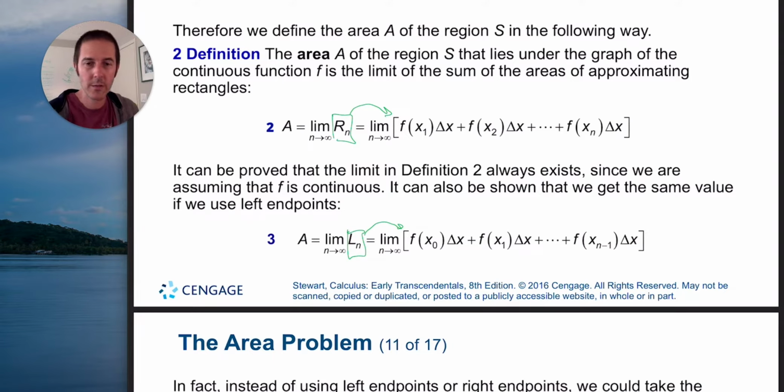Okay, so now let's examine what's in those square brackets. The right estimate starts out with an x coordinate of x sub 1. In the left estimate, the first x coordinate that we're using is the 0th one, x sub 0.